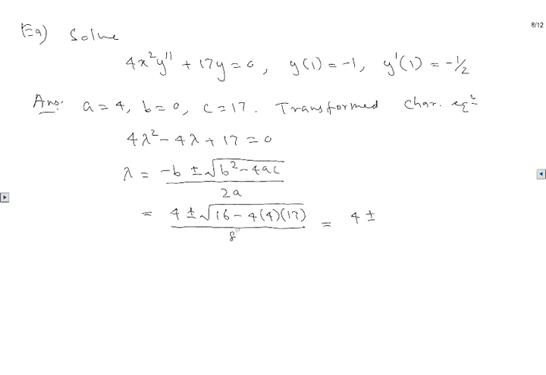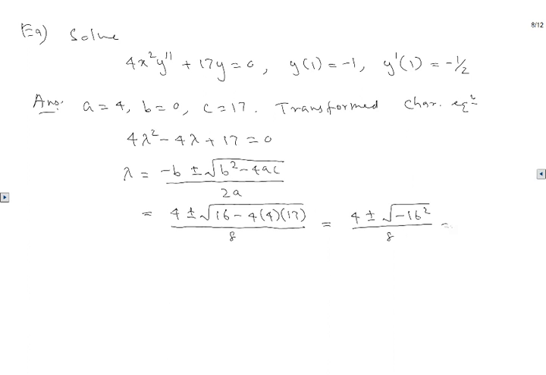If you pull out 16, you're going to get 16 times negative 16, so the square root of negative 16 squared. That's what you get. And then you can use complex numbers to solve this now.